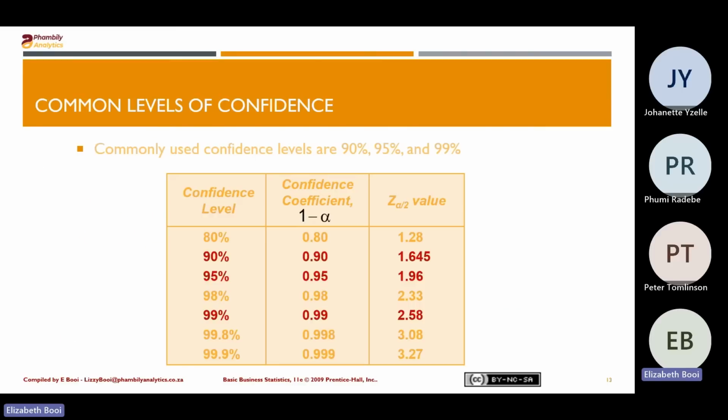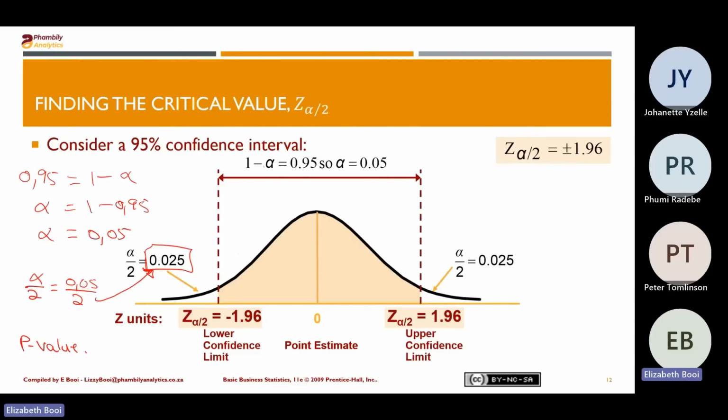Since our critical value is 1.96, we can then put the plus or the minus, because it is part of the confidence interval. When we put it on the lower boundary, it will be minus 1.96. When we put it on the upper boundary, it will be positive 1.96. And that's how you will find the critical value.